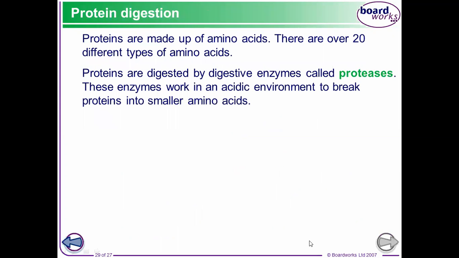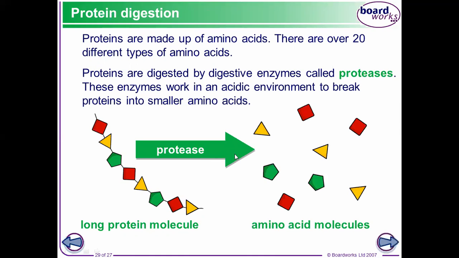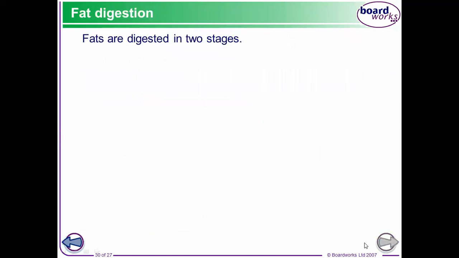The second one, protein, we can find different units joined together, so we decide it's a protein molecule. By the effect of protease enzyme, or pepsin enzyme in the stomach, or any protease enzyme, it will break down into amino acids. We have about 20 different amino acids.